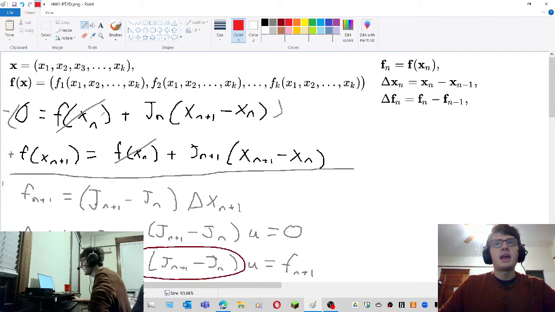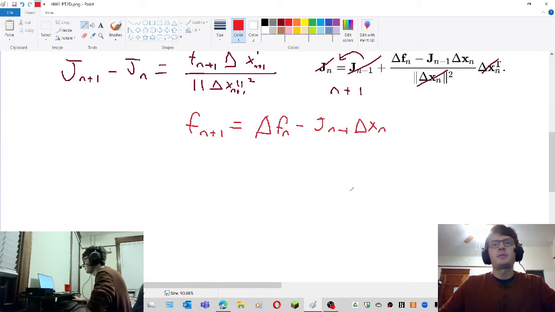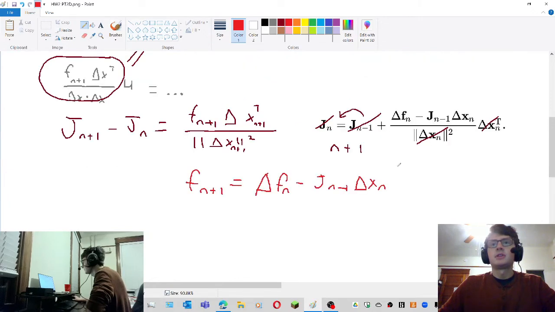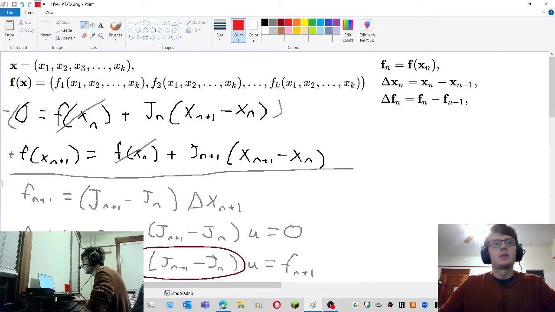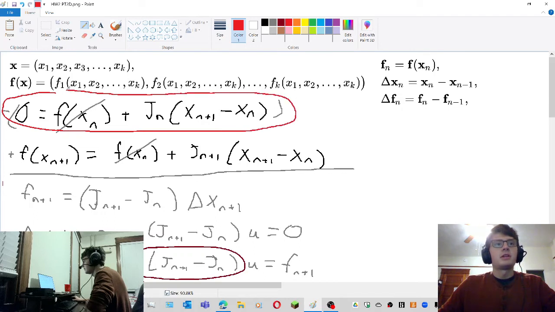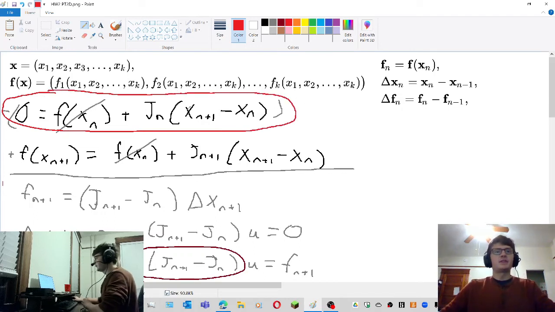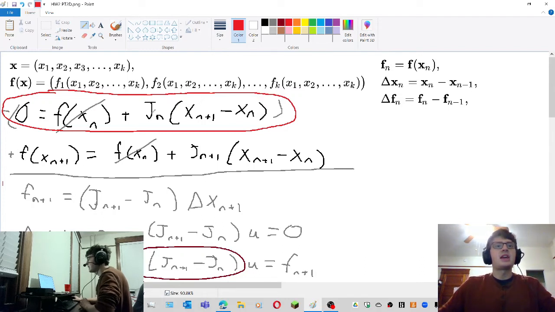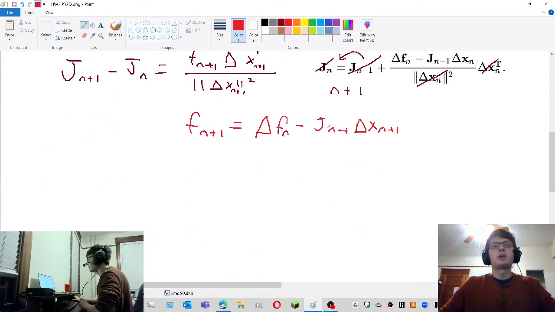Let me see, am I saying this correctly? It should be x_{n+1}. Yeah. So I can come up here, and I see that in this function up here, I can plug this J_n times delta x, I can move this f evaluated at x_n over, and I can see that this is actually equivalent to part of this top term up here.